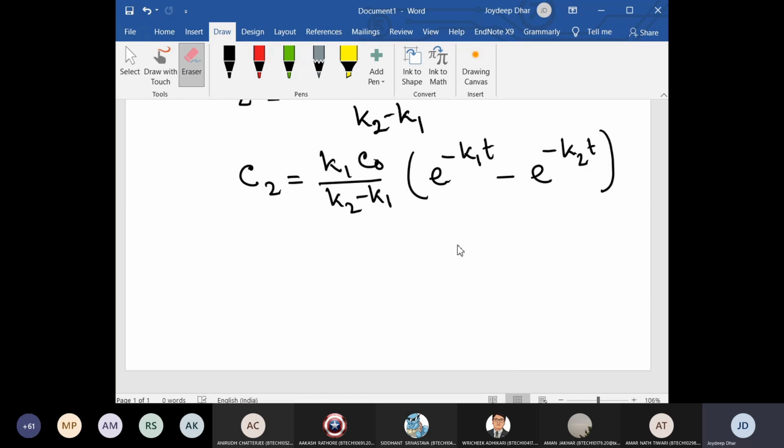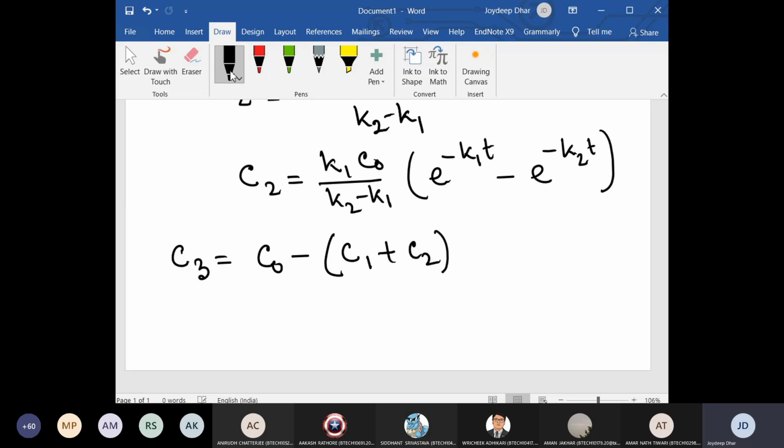Now I have to get the C3 value. C3 is the concentration of product. You can get it from the initial equation. I told you C3 will be C0 minus (C1 plus C2). Now you can substitute the values of C1 and C2.